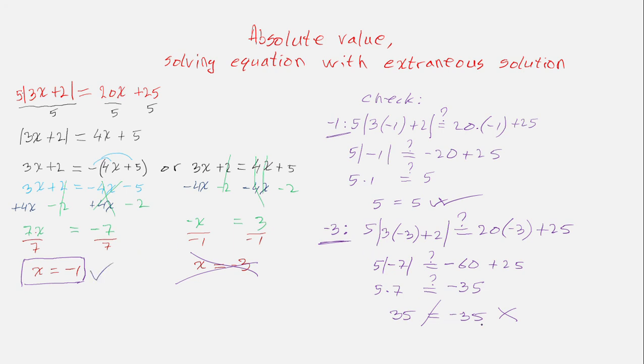But if you get something like this, that's not true. This is obviously a false statement because this number is positive and this number is negative. Then we know that the choice we used is not a good solution, which is -3.